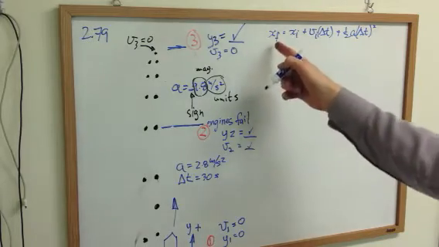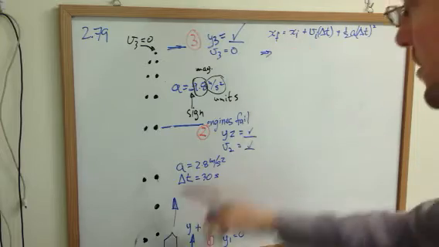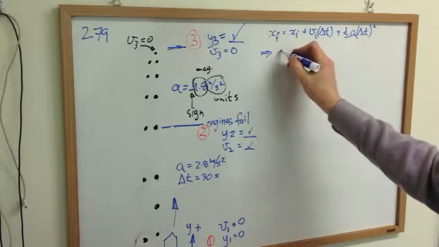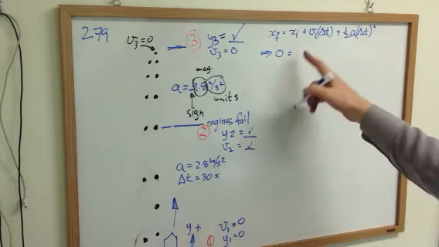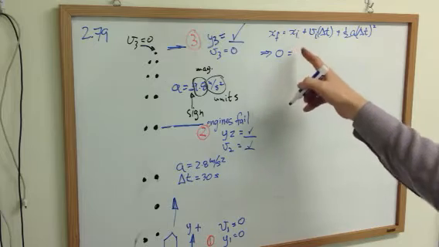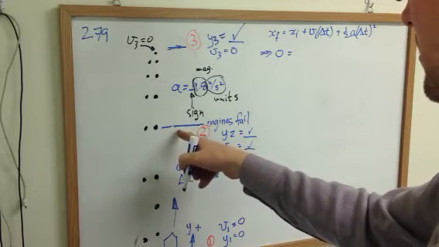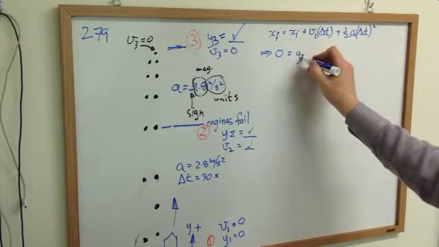In the vertical direction, our final position here is y4. That's 0. It's right on the ground. There's our origin. Our y initial, we're starting here, is y2.